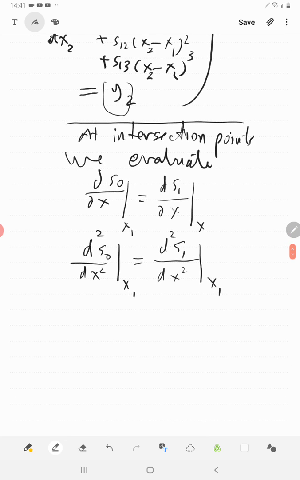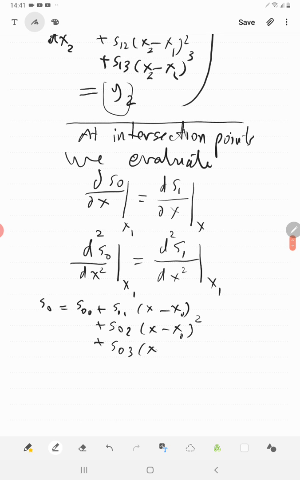So we know that S0 is equal to S00 plus S01 (x minus x0) plus S02 (x minus x0) squared plus S03 (x minus x0) cubed.